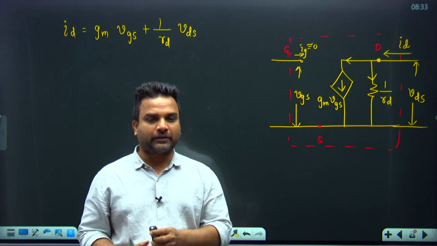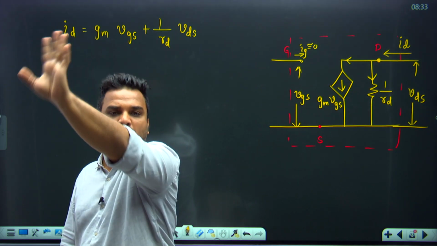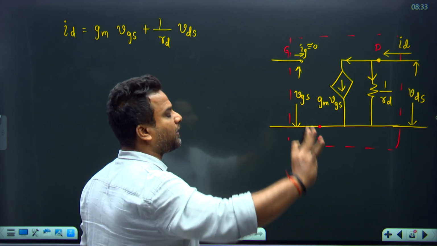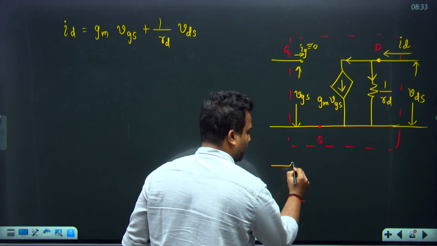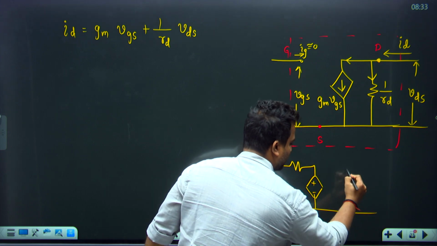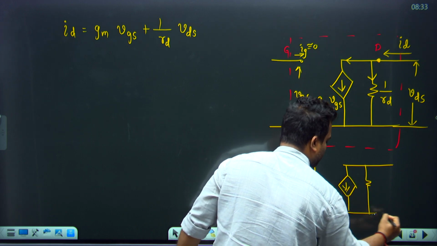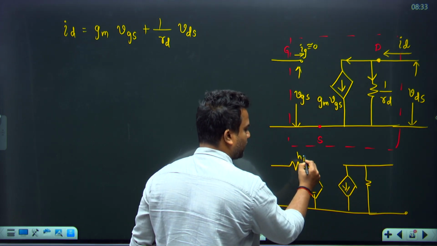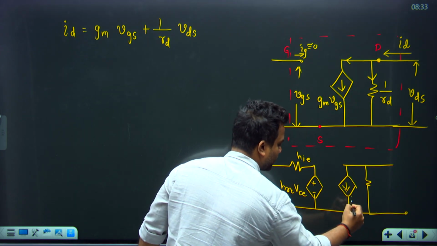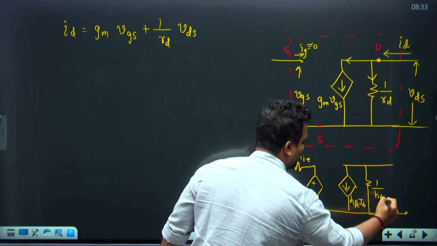Now the very important thing is, what is the difference between the H parameter model of BJT and the small signal model of FET? When you refer to the BJT H parameter model, it contains 4 H parameters like this: HIE, HRE VCE, HFE IB, 1 by HOE.